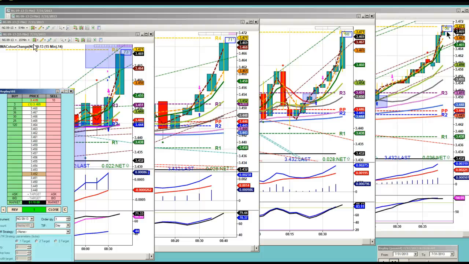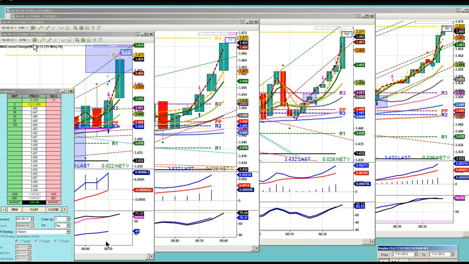The best thing to do here is to get out just before the R4, because sometimes it'll stop a couple of ticks just before it, sometimes it'll squeeze through it, sometimes it'll hit it and then bounce, so you're never quite sure if it has enough momentum to go all the way through, hit it, or stop just prior. So I always get out a couple ticks just below the price number. The R4 is sitting at 40.71. I like to get out at 69 or 70. And there we just made a nice 200 bucks in one trade.